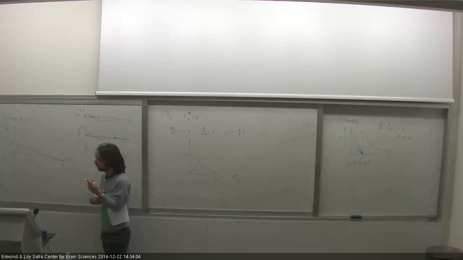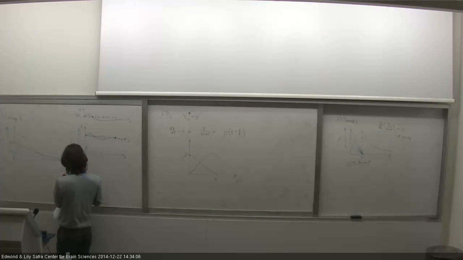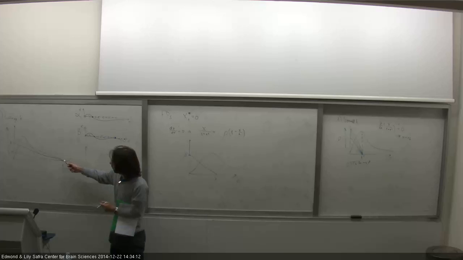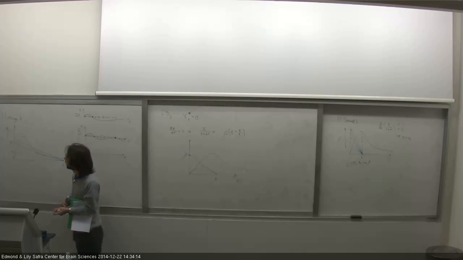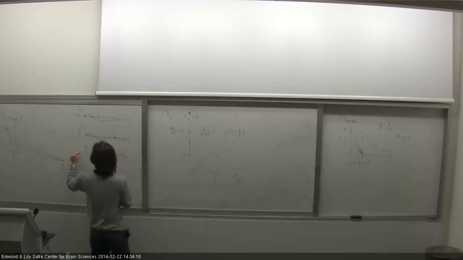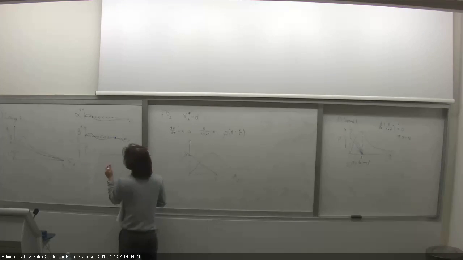When we increase rho even more, we will get three intersections, 1, 2, 3. We'll call this gamma.